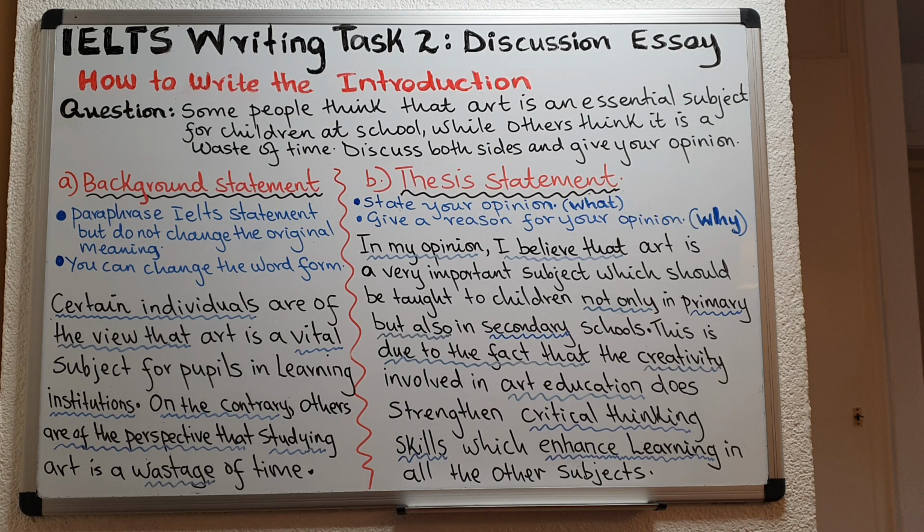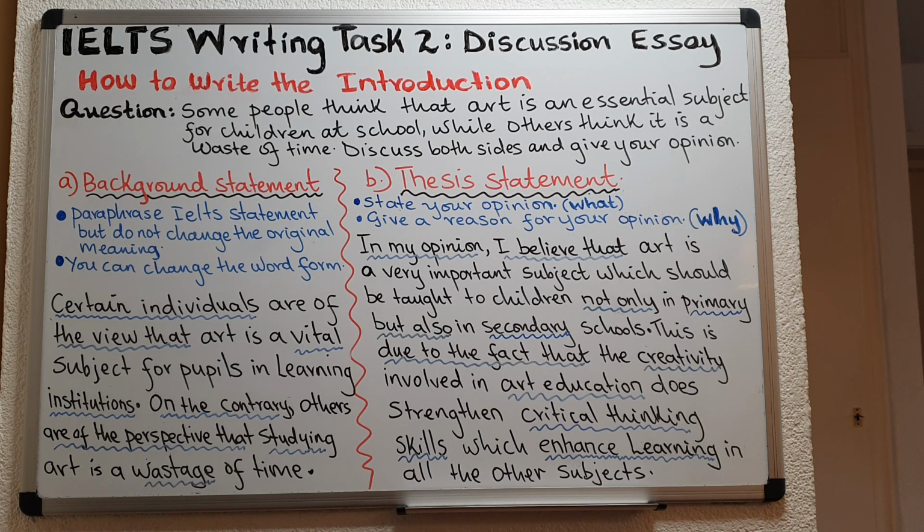In the statement, we have two opinions. Pick one of them, state it in your thesis statement, and then after that, give a reason. How do you do that? You begin with the words, "in my opinion."